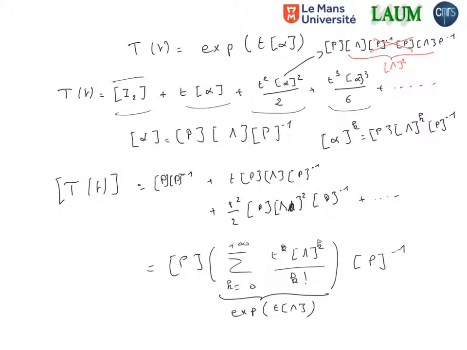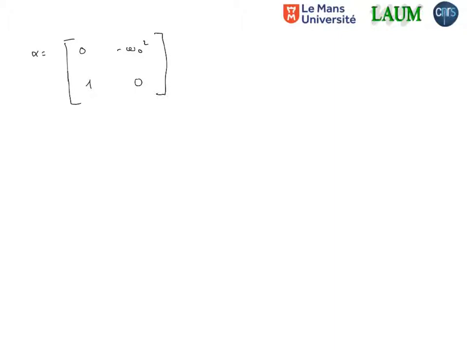the transfer matrix. So we then need to diagonalize the matrix alpha, and for that we apply directly that alpha minus lambda times the identity is equal to minus lambda, minus omega 0 square, 1, minus lambda.